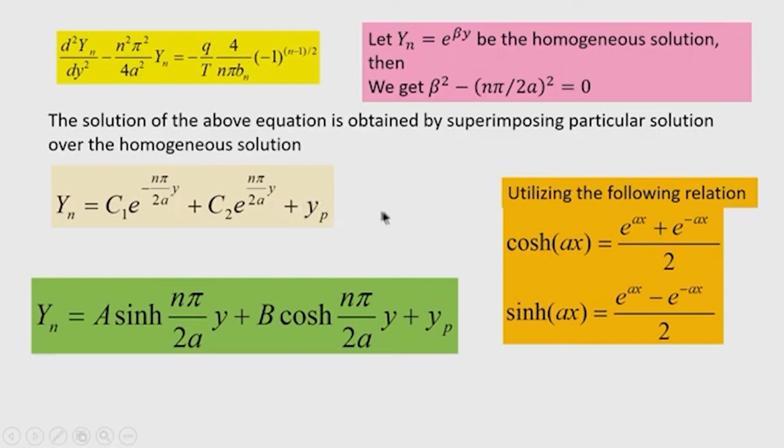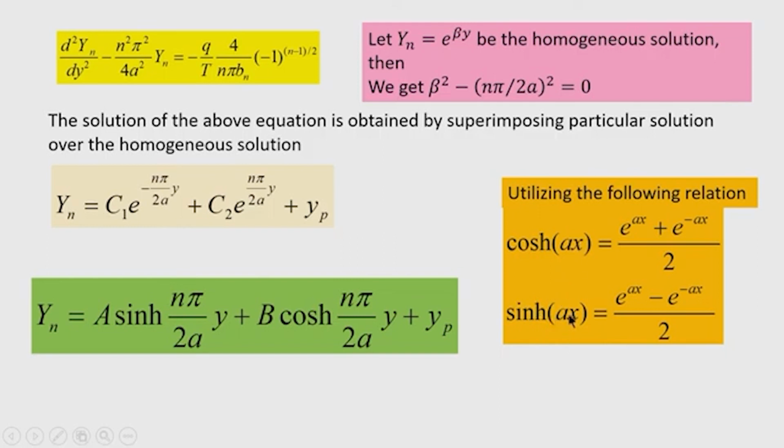Now, utilizing the following relations that we know, e to the power a x plus e to the power minus a x divided by 2 is cos hyperbolic a x, and e to the power a x minus e to the power minus a x divided by 2 is sin hyperbolic a x.